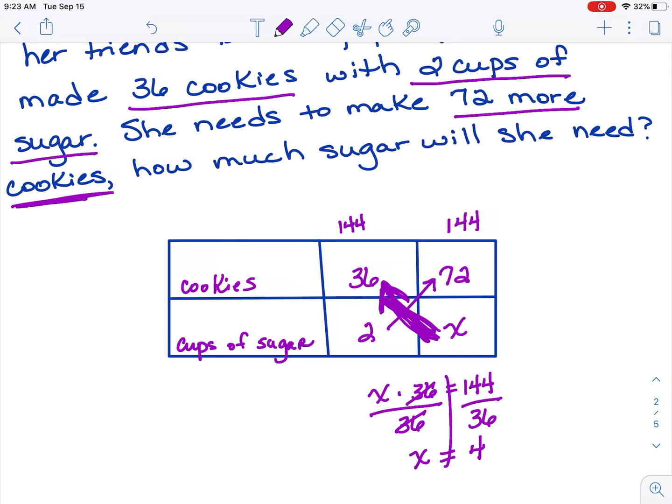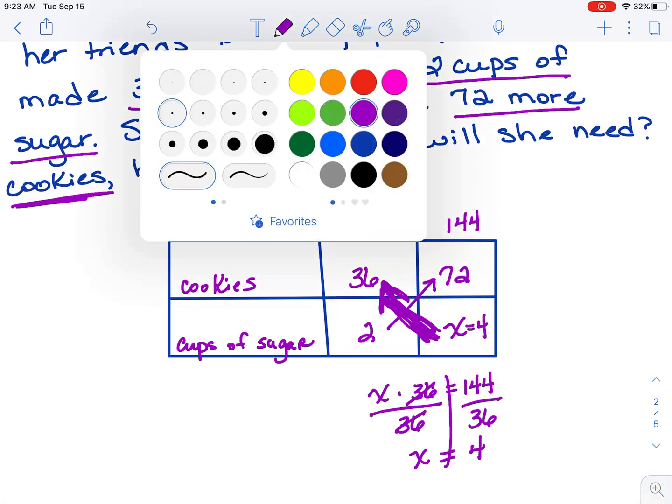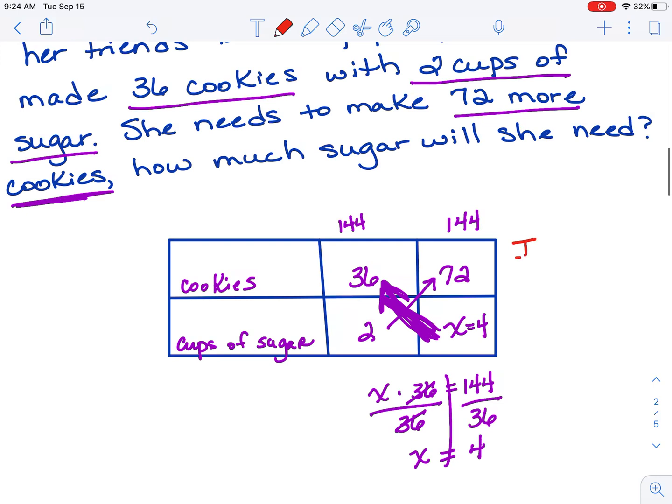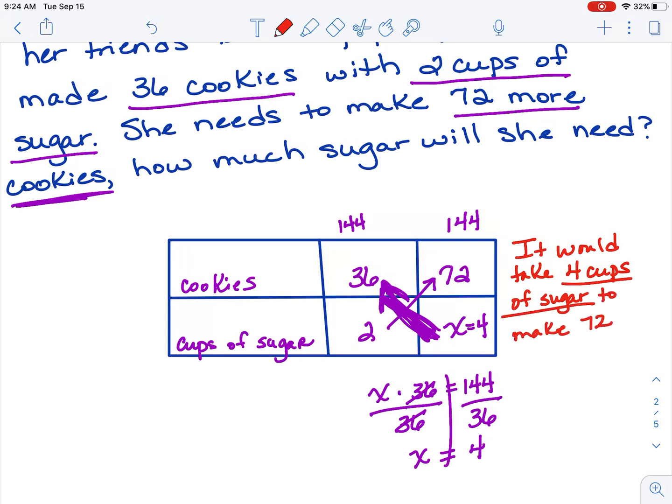Is 4. So that would equal 4. So it would take 4 cups of sugar to make 72.